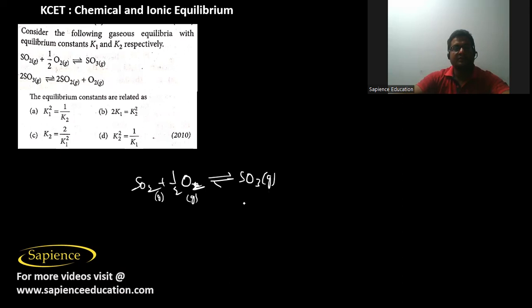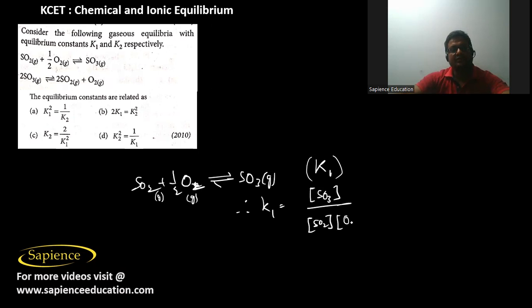Therefore, here the equilibrium constant told is K1. So K1 will be equal to the concentration of SO3 divided by concentration of SO2 into concentration of O2 whole power half.